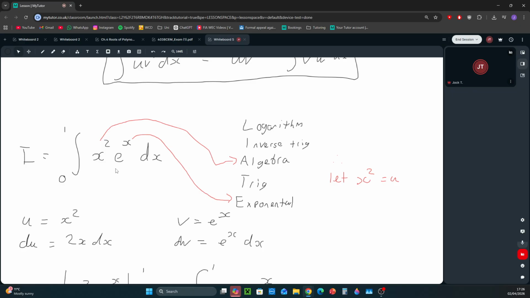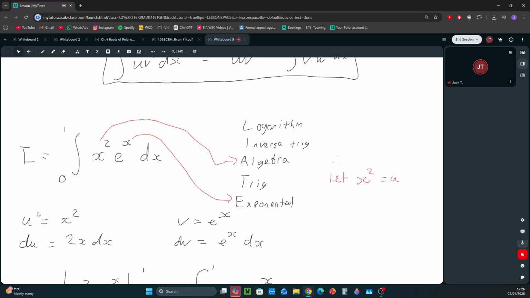So we need to decide what we make our u and what we make our v, because depending on which way we do it, one way is a lot easier. I use the acronym LIATE, or LATE, depending on if you want to bother with inverse trig or not. This is basically a priority order for what we set u to be.